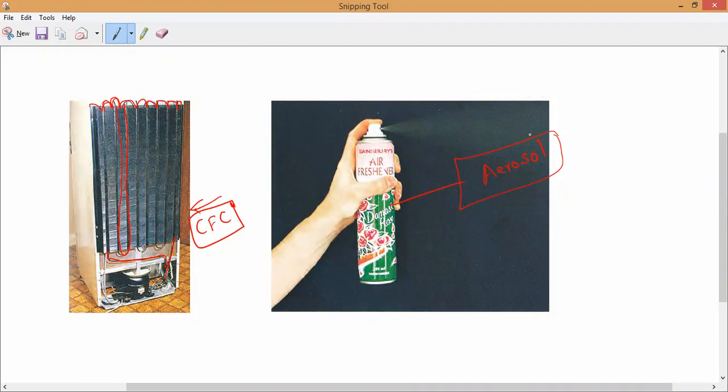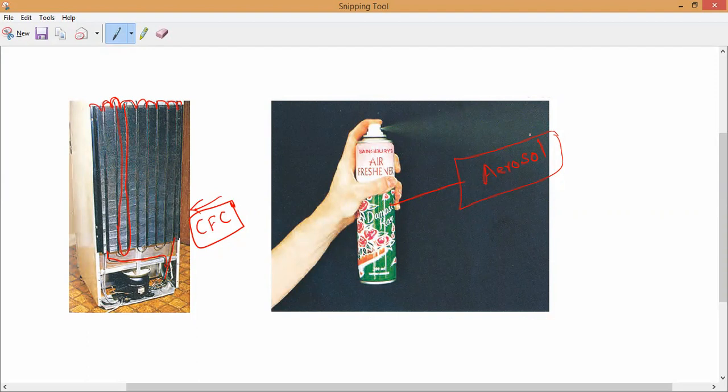Whenever you are flushing, pressure is released, and by that time the CFC pushes the air to come outside from the spray bottle. That also causes more danger to ozone depletion. Majority of you, if you enter the bedroom or kitchen and feel a small smell, you'll take the spray and press it. Yes or no? But it is a major problem for ozone depletion.